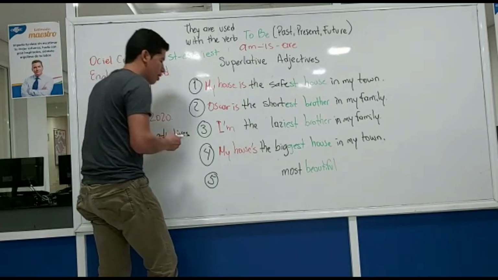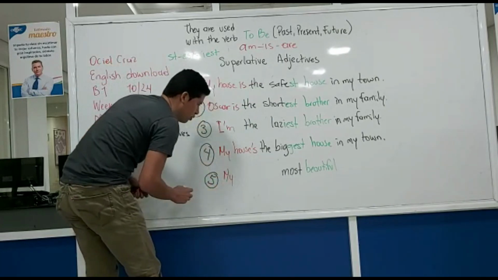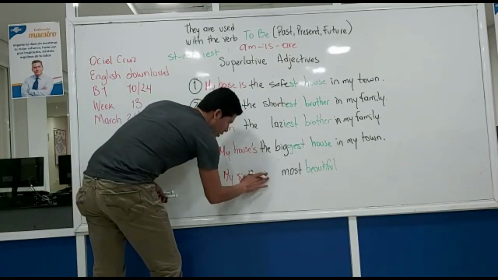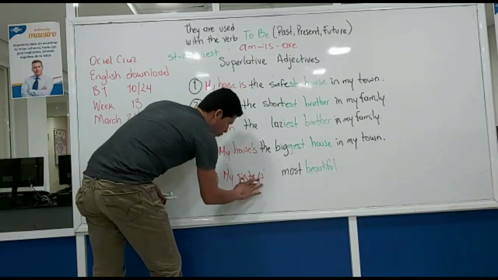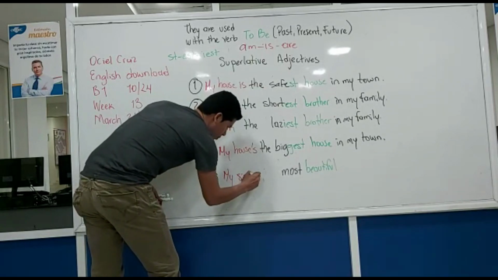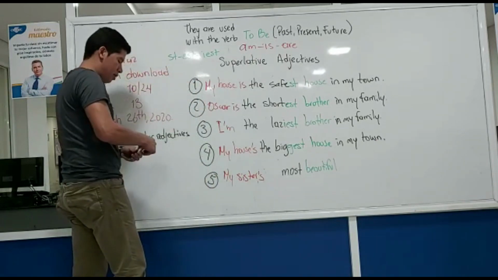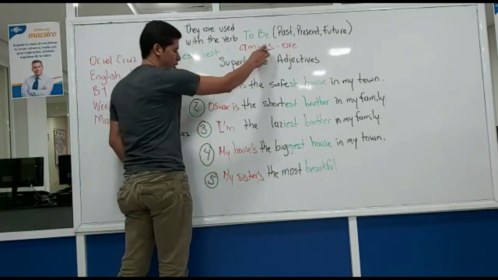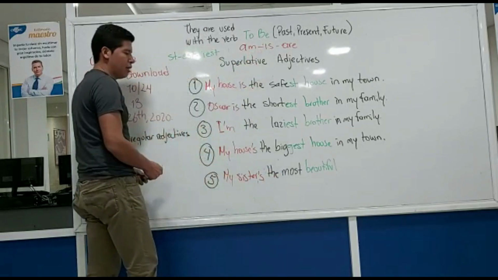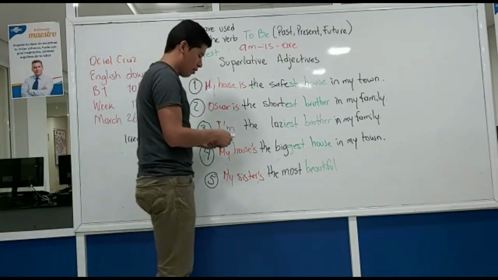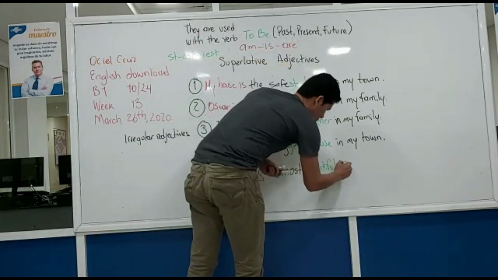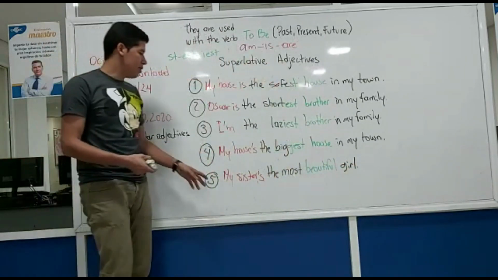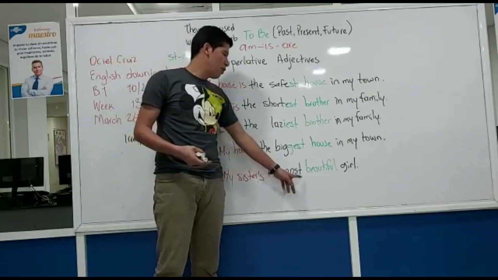That idea is just for me. I'm going to use once again the contraction with the verb to be: my sister's the most beautiful girl. That's my idea. I think my sister is the most beautiful girl.